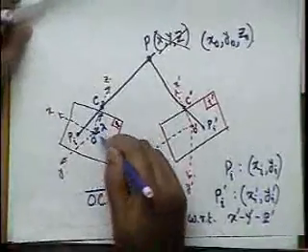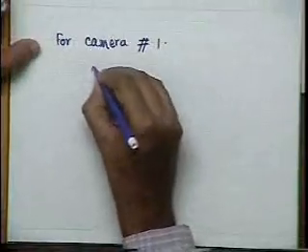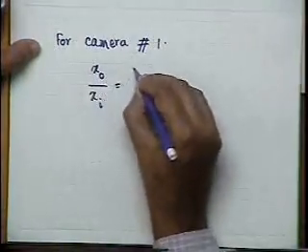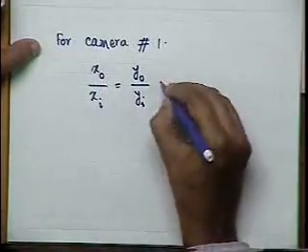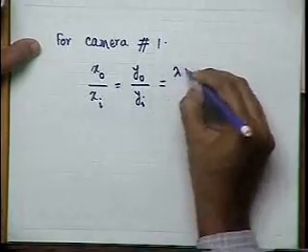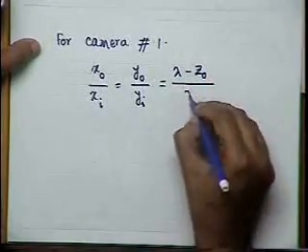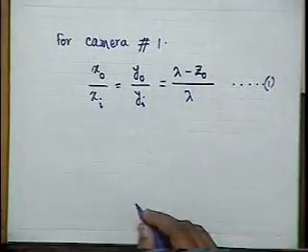This is my camera number 1. For camera number 1, I get x0 by xi equal to y0 by yi, and that is equal to lambda minus z0 divided by lambda. I call this equation number 1.